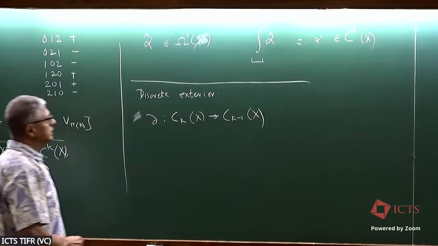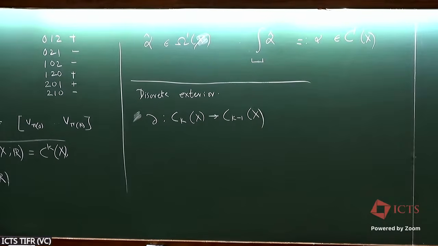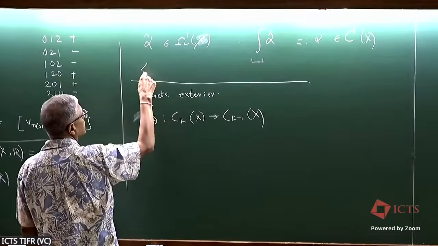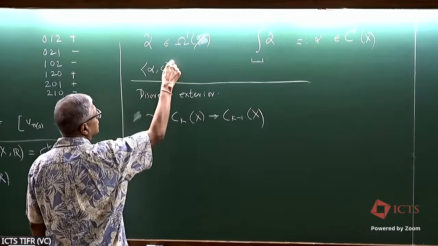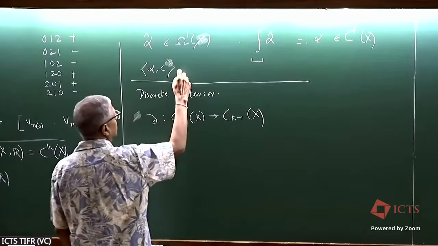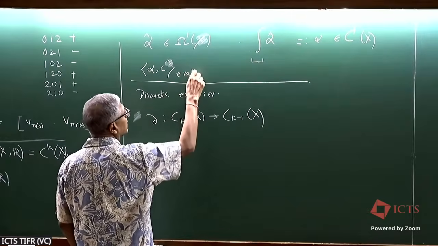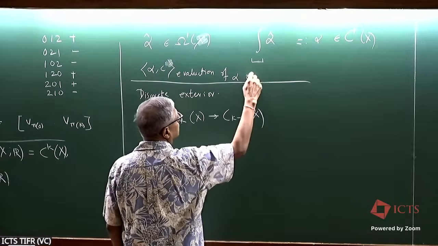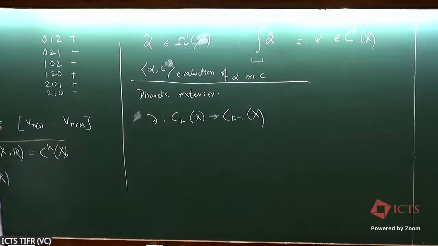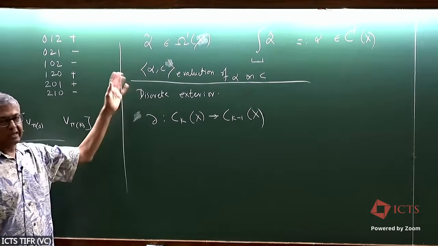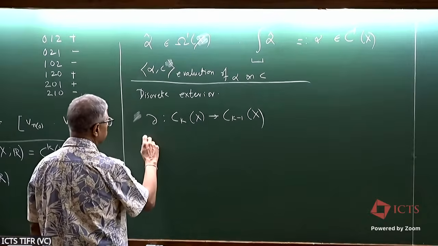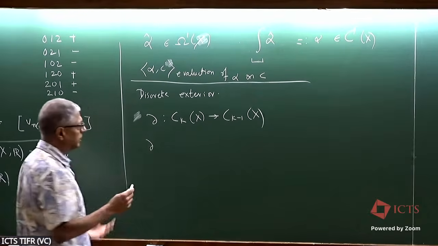I'm going to use this notation: if I have a cochain like alpha, then when I write this, it is not an inner product, but the evaluation of the cochain alpha on the chain C. This is helpful when we think about d being the dual of the boundary operator. The boundary operator is defined on simplices, and then you can extend by linearity.